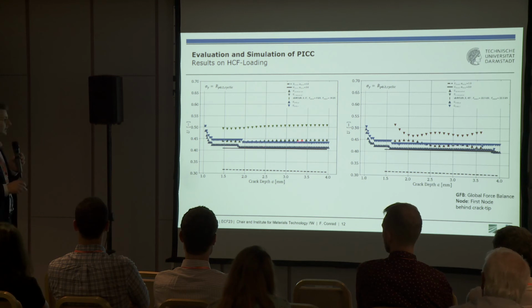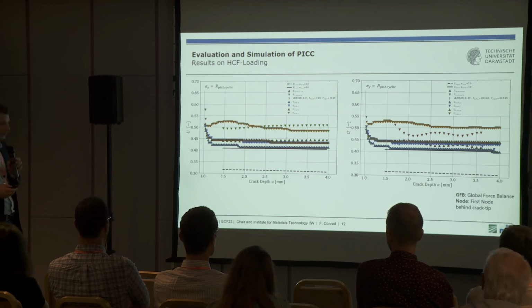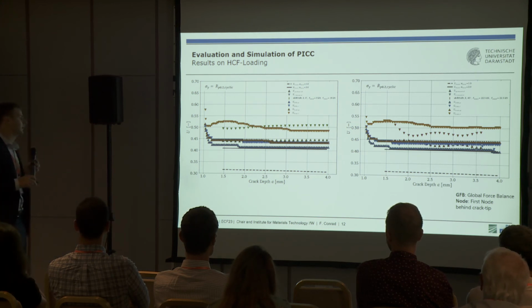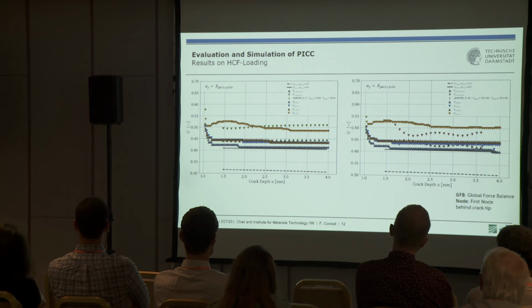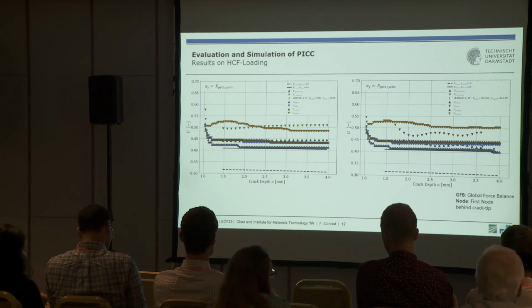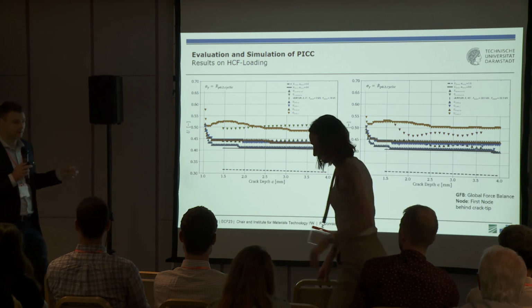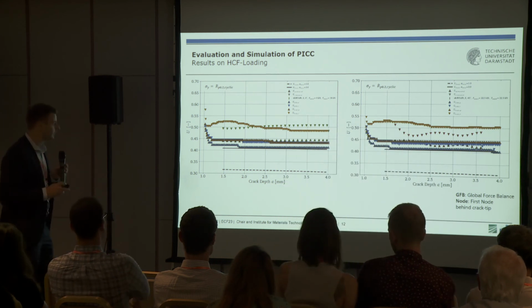So we see the results come quite close to what we measured, and when we look at the first node behind the crack tip, we see that we can quite a good estimate the crack closure from the experiments. And again, the simulation tells us there is no significant effect of the T-stress on the plasticity-induced crack closure here.